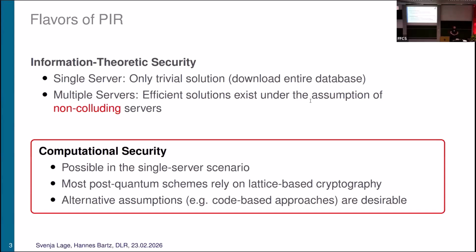However, there are alternative assumptions such as code-based, as I mentioned, and this is important also to have something available in case there are, for example, new developments in the cryptanalysis of lattice-based schemes. It's important to have more diverse directions, because otherwise maybe it's an issue for all the available lattice-based schemes.